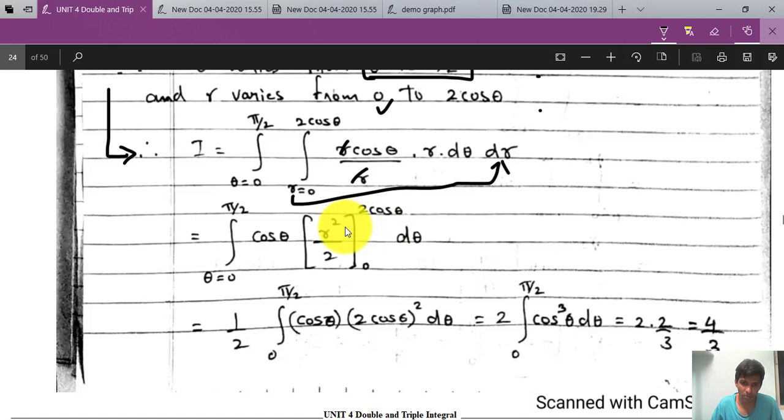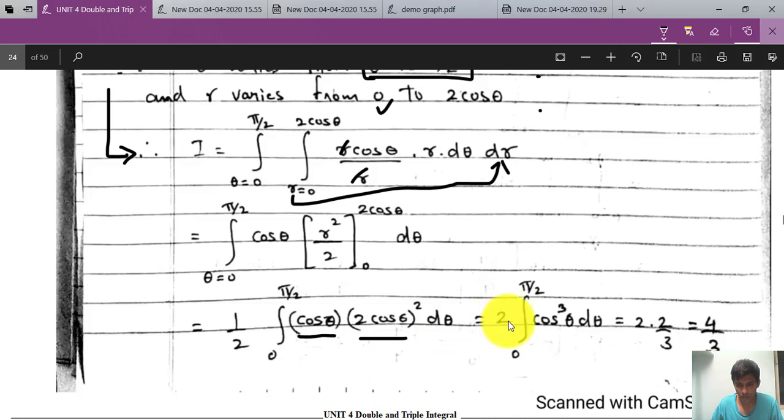After evaluating, the upper limit is 2 cos theta the whole square, and the lower limit is 0, so substituting 0 gives 0. Therefore the value will be cos theta times 2 cos theta square.